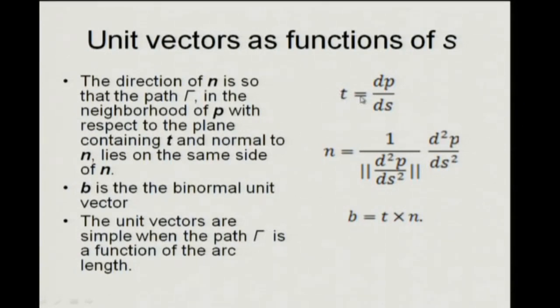T is given by dP upon ds, and n is given by d square P upon ds squared divided by the norm of that, and B is given by T cross n. So these are very simple definitions. If you have those functions P as a function of s, then life is very simple. P is a vector function, so dP upon ds is also a vector function, and d square P upon ds square is a vector function. So you get it in this form.